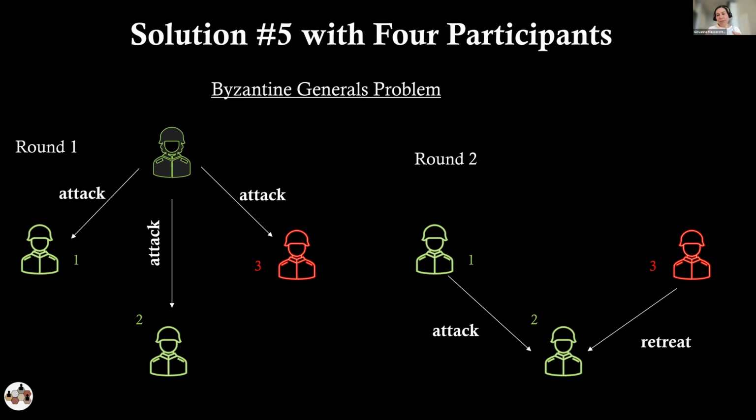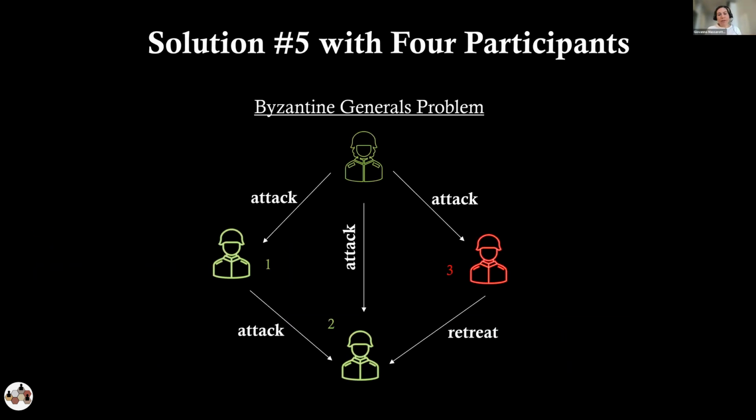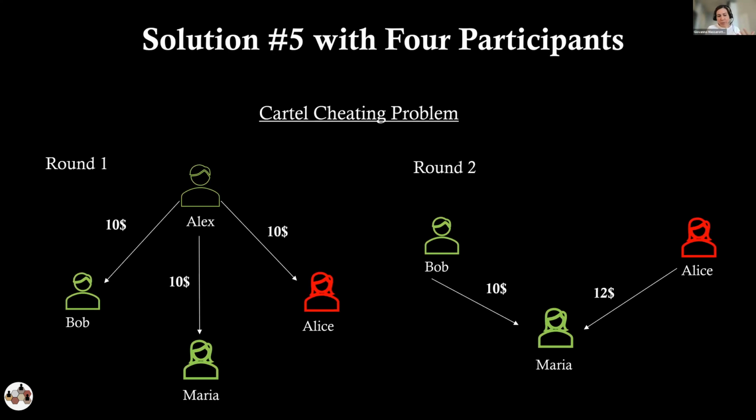The theorem works as long as you have at least 4 participants and 1 is malicious, and multiple rounds of communication. In the third round of communication, Lieutenant 2 receives attack and retreat. In this situation, he can reach an agreement because he has a majority value, which is attack, and is the correct value. So computer scientists solved the problem.